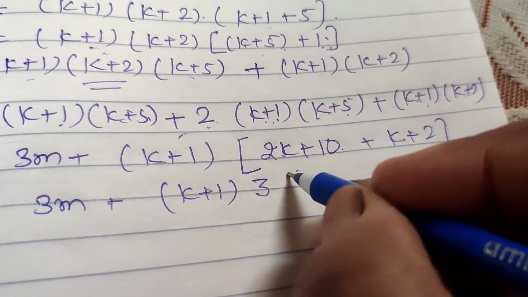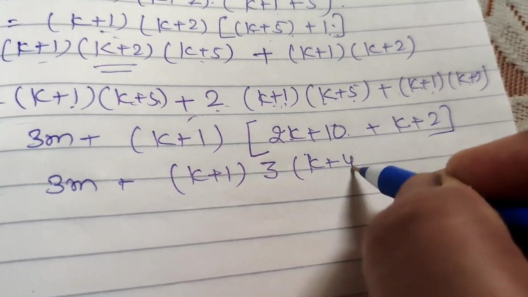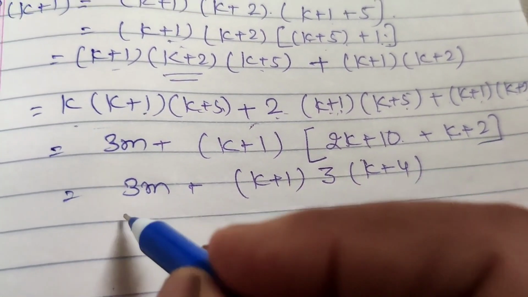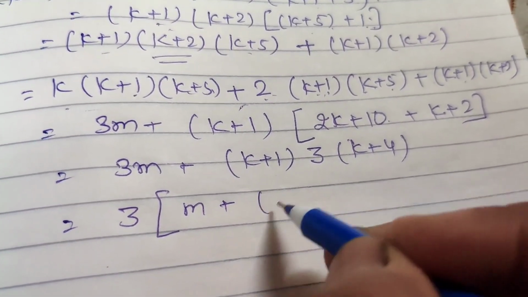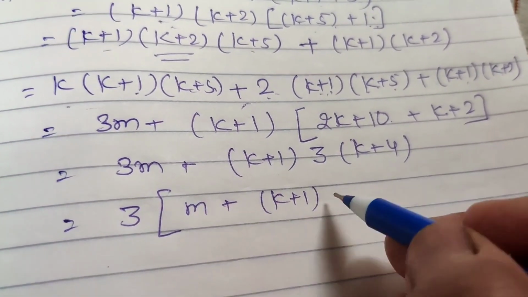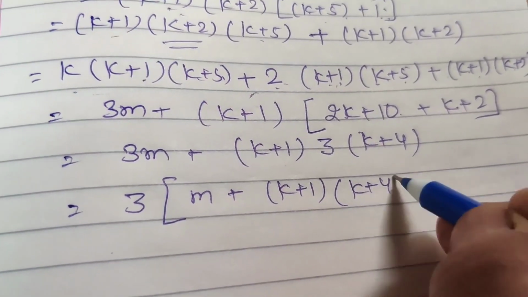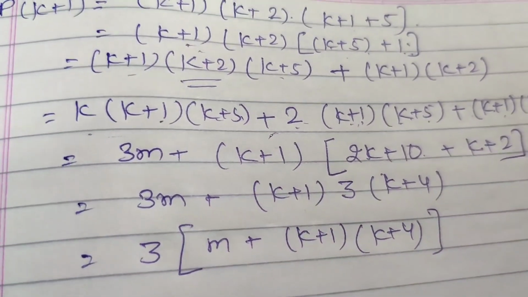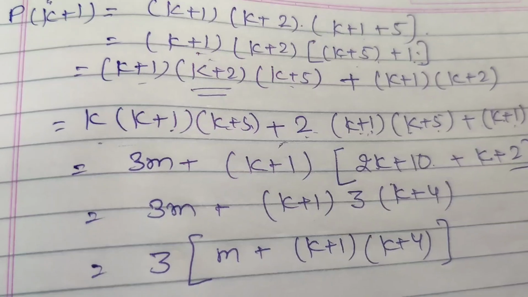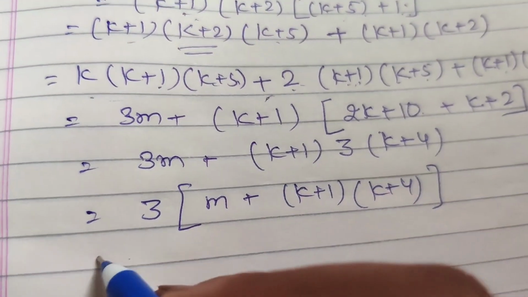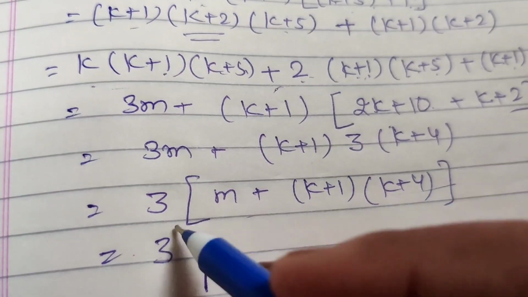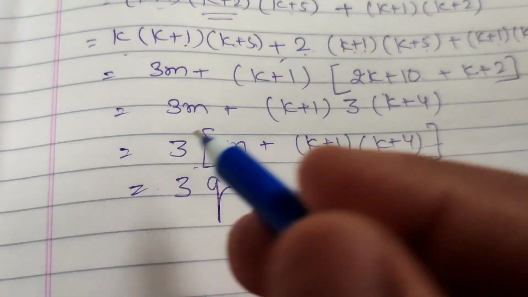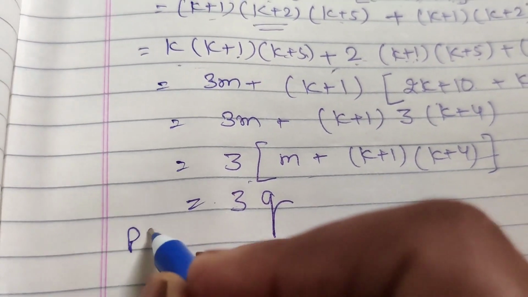So we can take 3 common, k plus 4. Again 3 common, multiple of (k plus 1) and (k plus 4). So again it is a multiple of 3. It means Pk plus 1 is true.